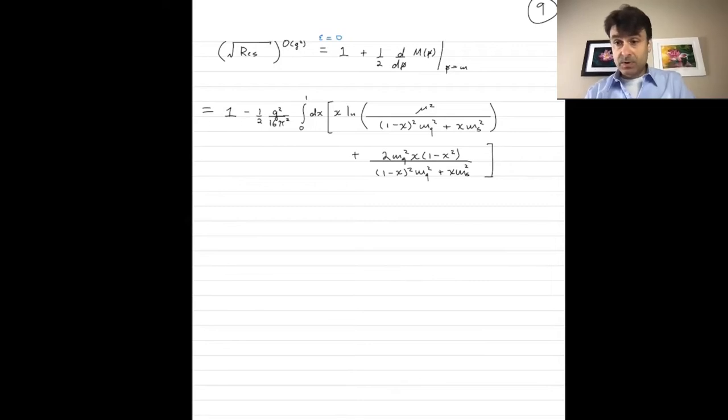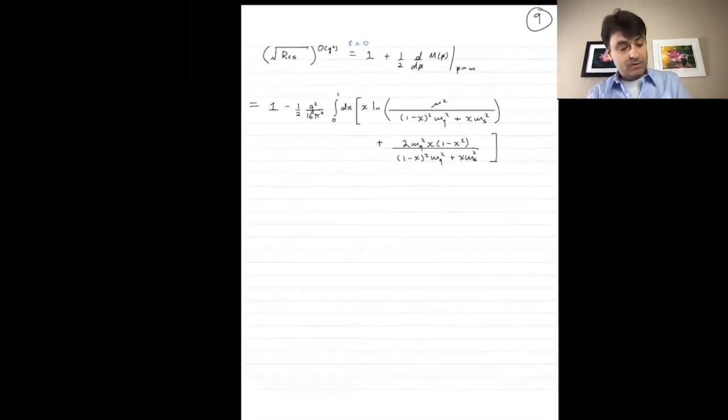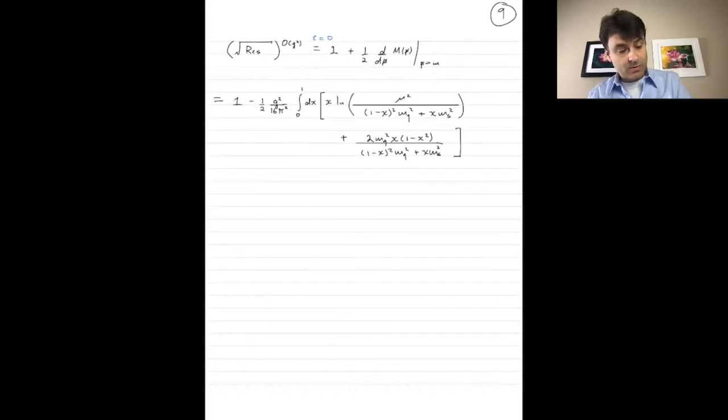Whereas if the mass went to 0, we basically recovered a Coulomb-like potential. And when you have a Coulomb-like potential, scattering cross-sections are actually divergent, right? So what happens if we take these masses to 0?